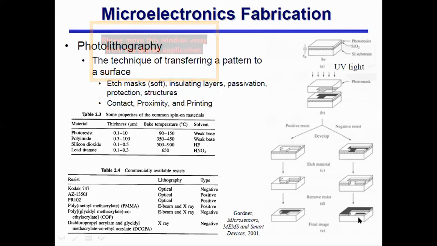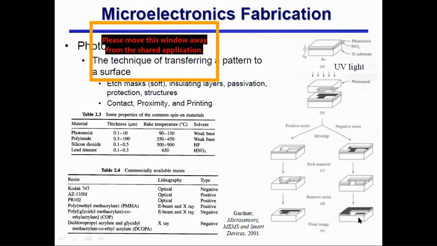And before actually, in the designing phase में आप लोगों ने, when you are making the layout in the software, there you have to decide whether you would be using positive photoresist or negative photoresist. You are making the photo mask for the positive photoresist or negative photoresist.